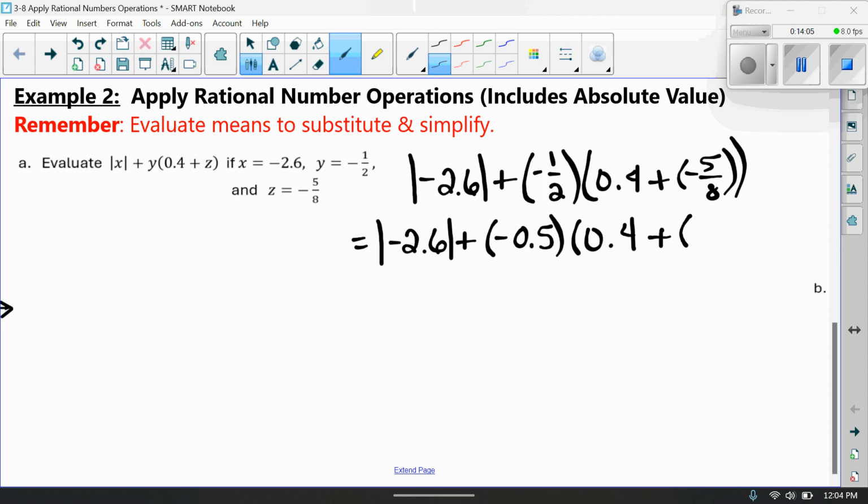So plus a -0.625. Okay, and close parentheses. Now, you guys, I just want to point out that this parenthesis goes with that one, and this parenthesis goes with that one, and that's what's going on there.